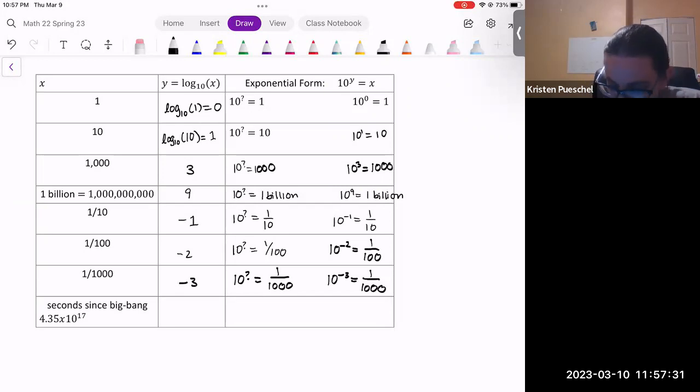So we don't quite know how to write this yet, but take a stab. The seconds since the Big Bang are estimated to be about 4.35 times 10 to the 17th. So take a quick stab. What do you think approximately is the log base 10 of the number of seconds since the Big Bang?